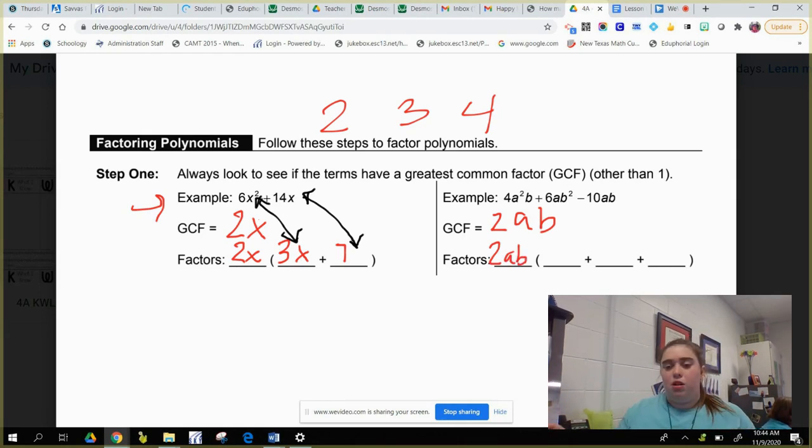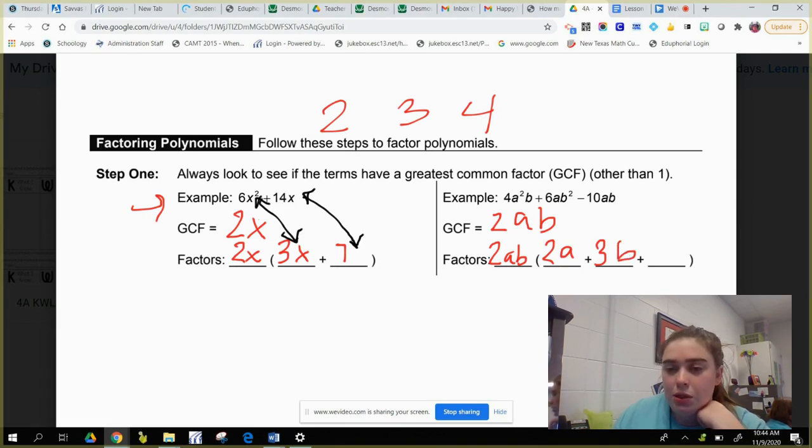Okay, now let's write that polynomial with that greatest common factor taken out. So 4 divided by 2 is 2, and we took out 1a and 1b. So now in this first term, we're just left with 1a. Okay, the second term, 6 divided by 2 is 3. We took out 1a and 1b, so now we're just left with 1b here.